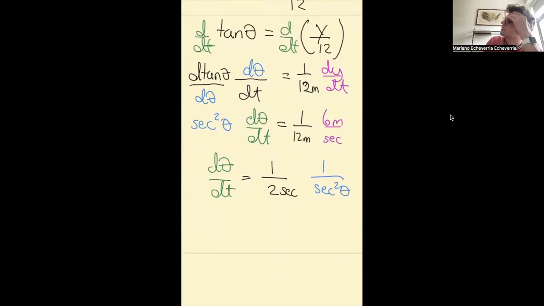But I don't know if you remember, 1/secant is cosine, basically. So d theta dt is cosine squared over 2 seconds. Is that making sense?